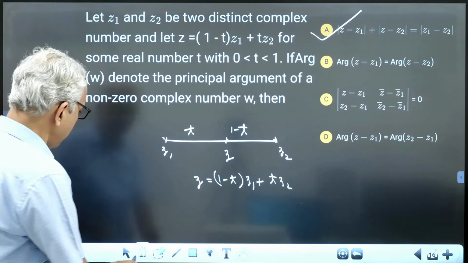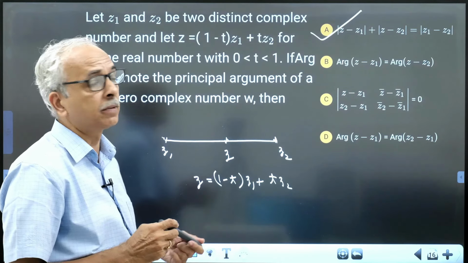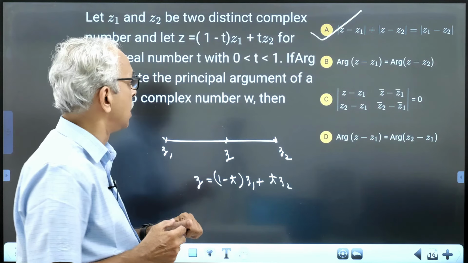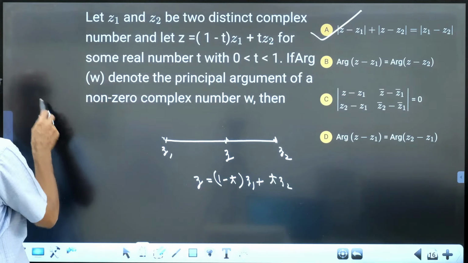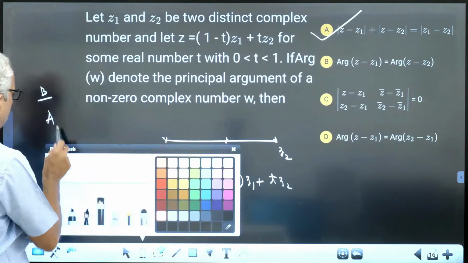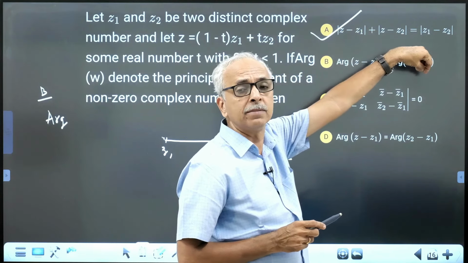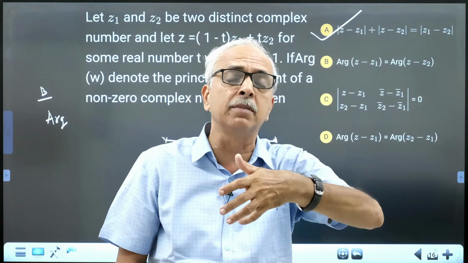Now, argument of (Z minus Z1) minus argument of (Z minus Z2) is equal to argument of (Z1 minus Z2). What is B? Argument of Z1 equal to argument of Z2 means argument of Z1 minus argument of Z2 is 0.